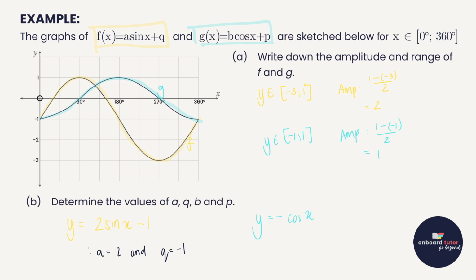So I'm going to say that's plus 0, right? It hasn't shifted at all. It's just an upside down graph. So that means, therefore, b is equal to minus 1 and p is equal to 0. And so there you have it. You can look at a graph, and if you understand amplitude and shifts, then you can work out the equation of that graph.